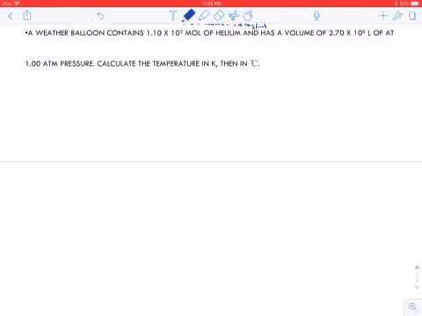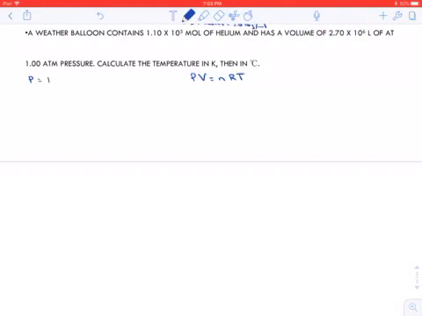The next one says a weather balloon contains 1.10 times 10 to the 5th moles of helium, has a volume of 2.70 times 10 to the 6th liters of gas at 1 atm pressure. Calculate the temperature in Kelvin. Then we're supposed to take it to degrees C. We've still got PV equals nRT.